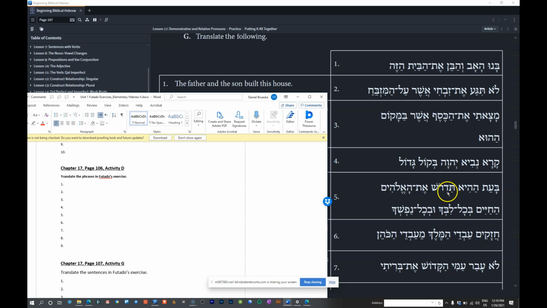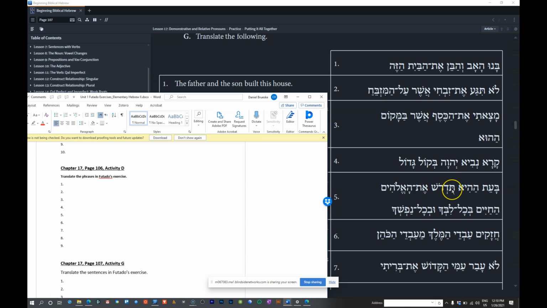If you ask, have I learned this root, and you say no, then you go to your lexicon and look up dalet, resh, shin and see if that's a verbal root. If it is, see if it ever occurs in the cal imperfect. And that will tell you that this is a good candidate. So it's something you have to consider. But here we know that darash is a root that we've learned. It means he searched for, or he inquired, or he sought.